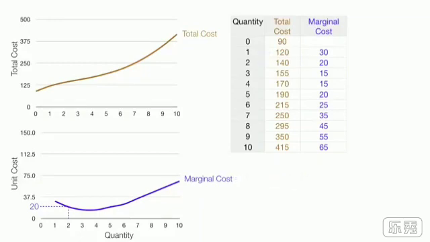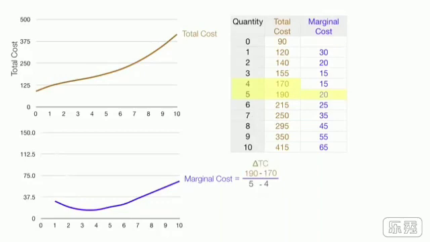I'm going to do another example for you. I'm going to go from 4 to 5, and it gives me the marginal cost from going to 4 to 5, which is 20 again, coincidentally. I'm going to make that calculation. I'm going to take the change in total cost divided by the change in quantity. So I'm going to take 190 minus 170 divided by 5 minus 4.